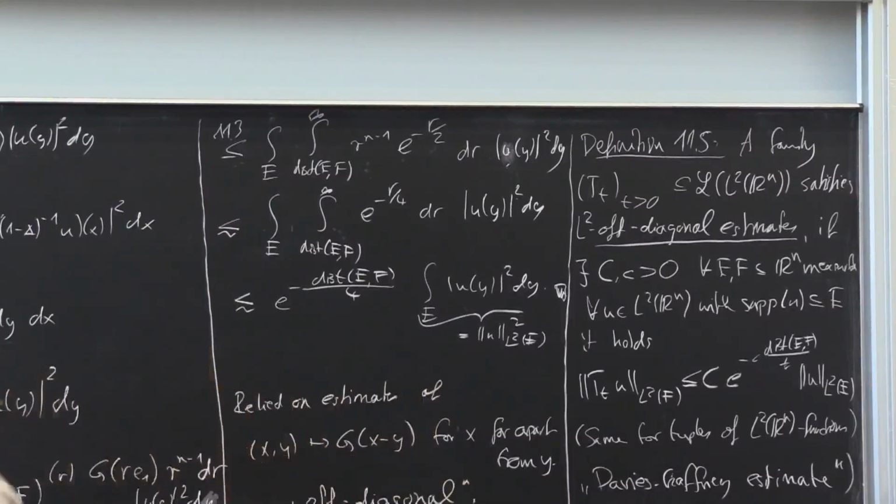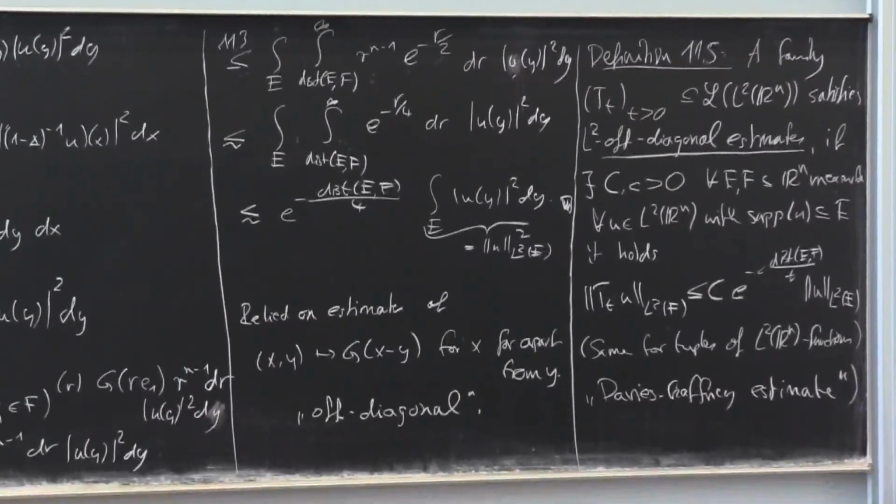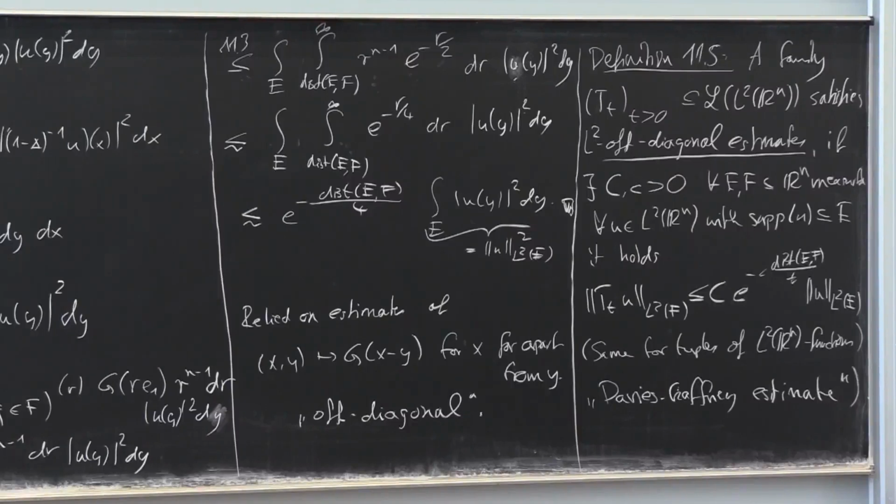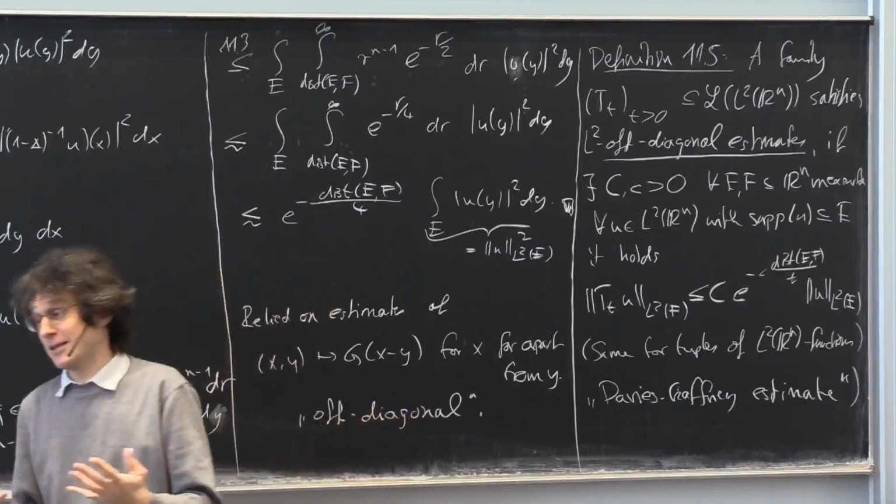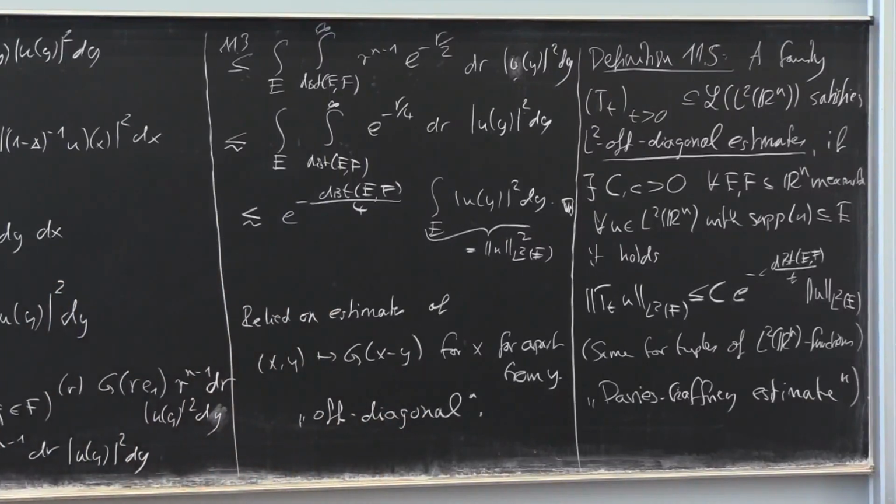So what we are aiming for now is to prove that our elliptic divergence form operators themselves have off-diagonal bounds. And we will see. So the first try would be, okay, let's take the proof for the Laplace operator and adapt it. And this is an idea that does not work, because this was based on explicit knowledge of the kernel and calculations on the kernel.